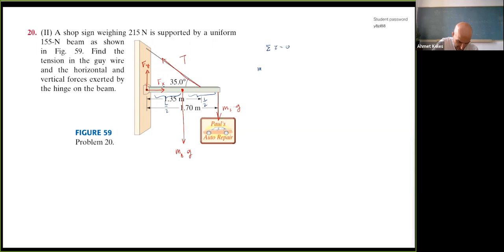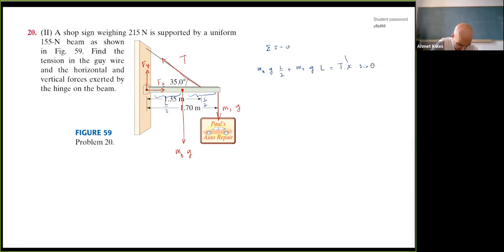MB times G is given. Maybe I can write MB times G times L over 2 plus MS times G times L should be equal to T times, if this distance is X, I can just call it X, I know what X is, times sine theta.